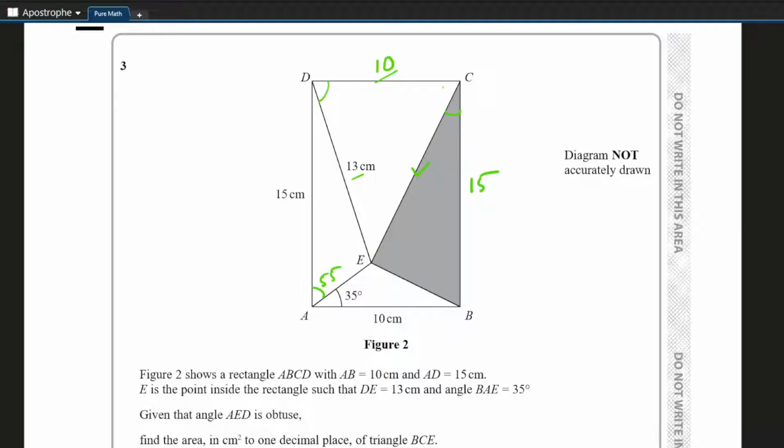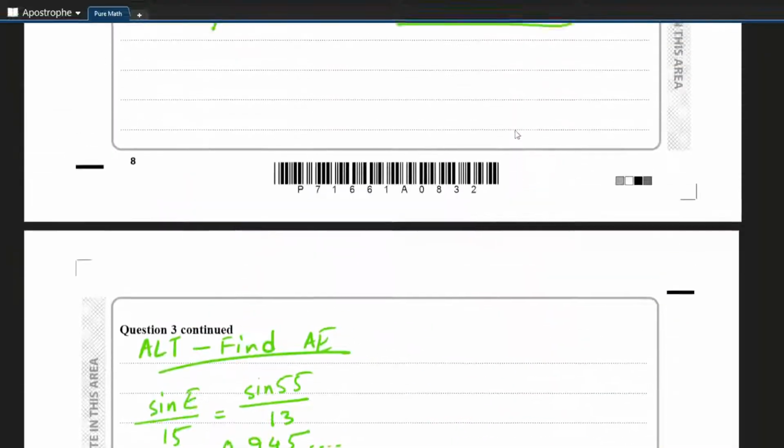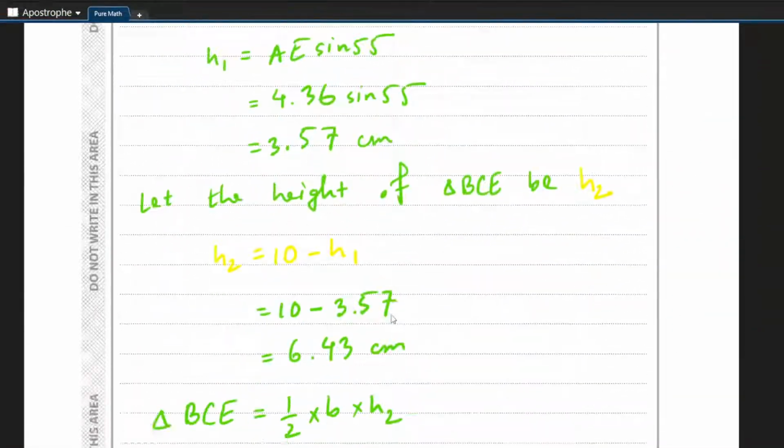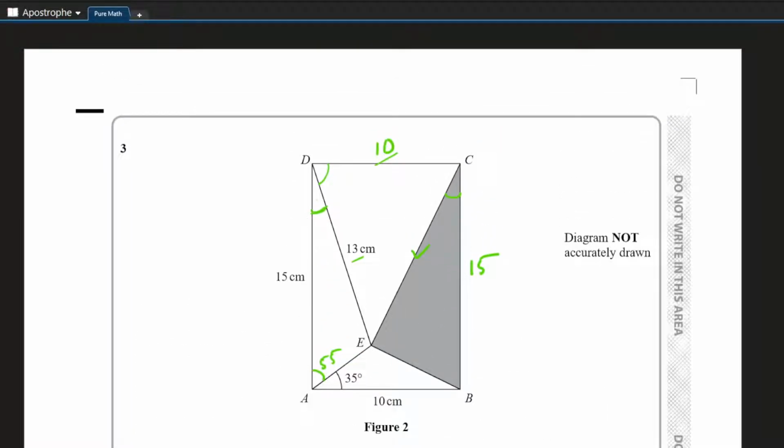There's no way we can find this angle right now with the information given, but we already calculated this angle in our previous method, so I'm going to use that value directly, which was 15.94.